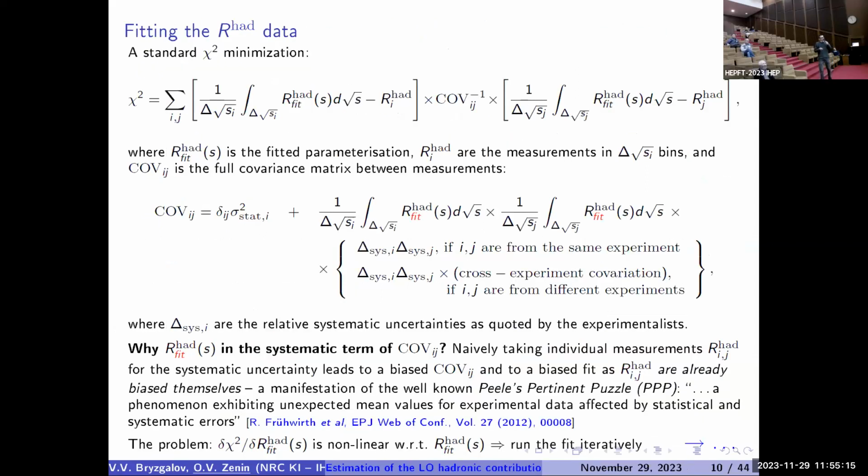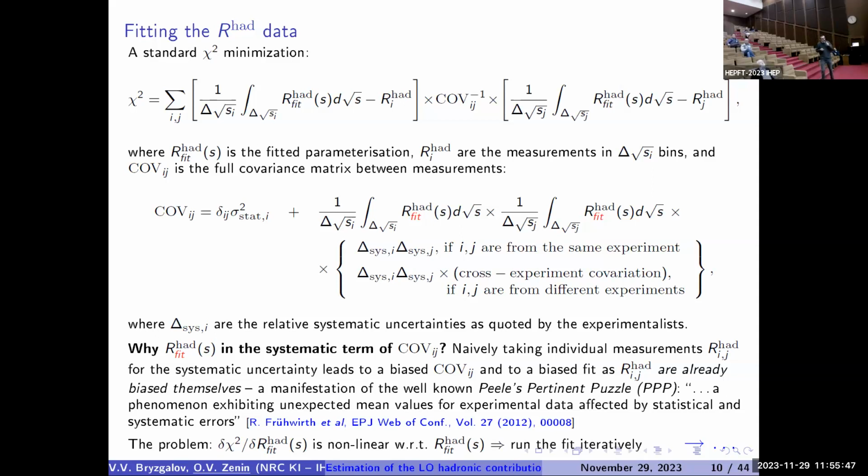Then we must fit the cross-section parameterized in this way to the experimental data. Here is the standard chi-squared minimization with the full covariance matrix, which takes into account both covariations between measurements by the same experiment and cross-experiment covariations.